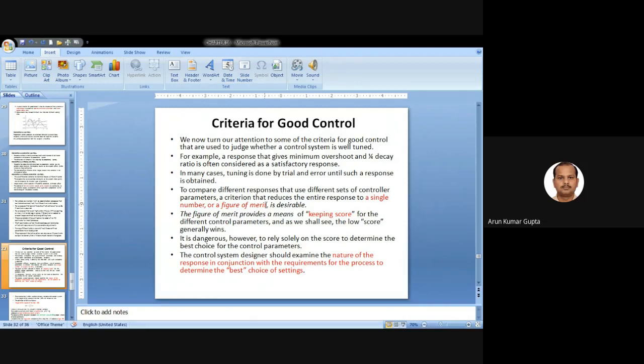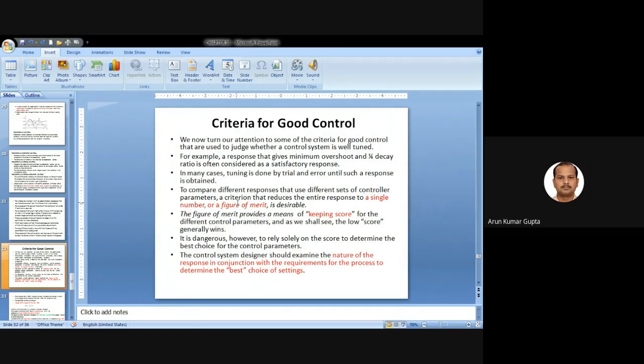That number is known as the figure of merit. To compare different responses that use different sets of controller parameters, the criterion that reduces the entire process to a single number, meaning the combined effect trained to a single number, is known as the figure of merit.